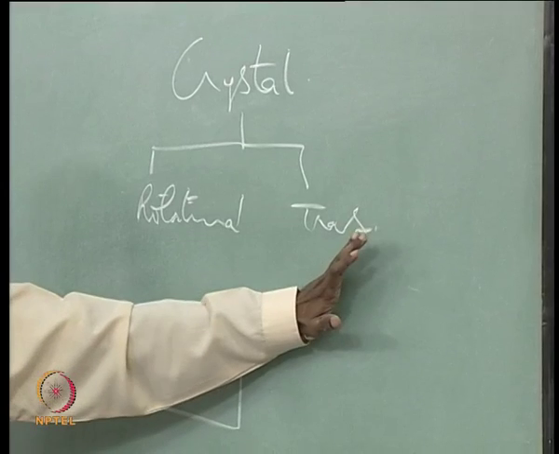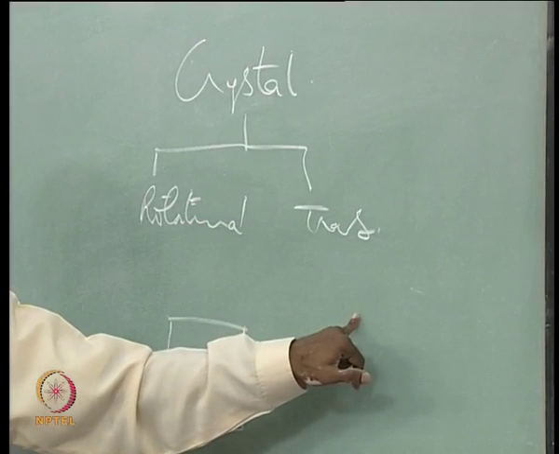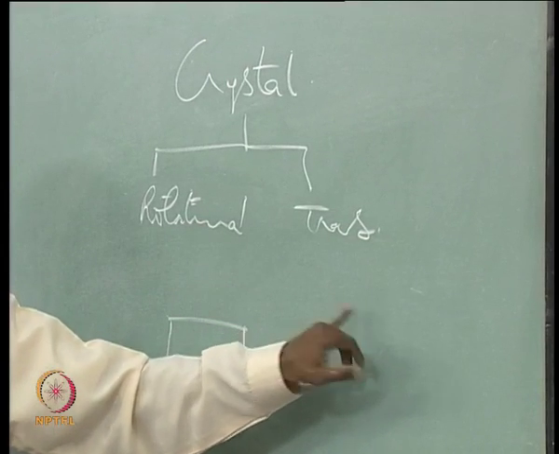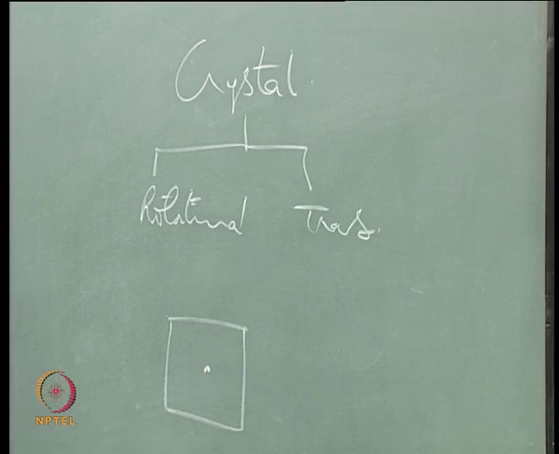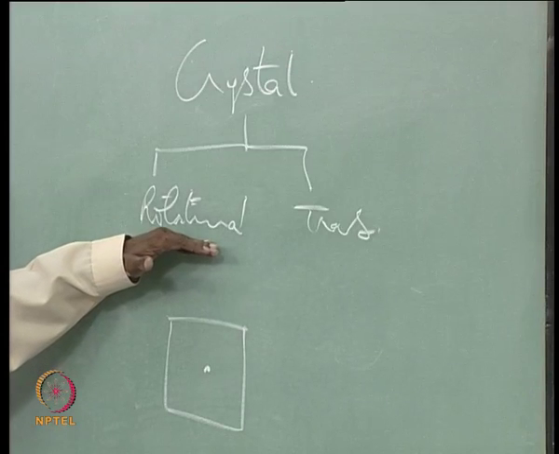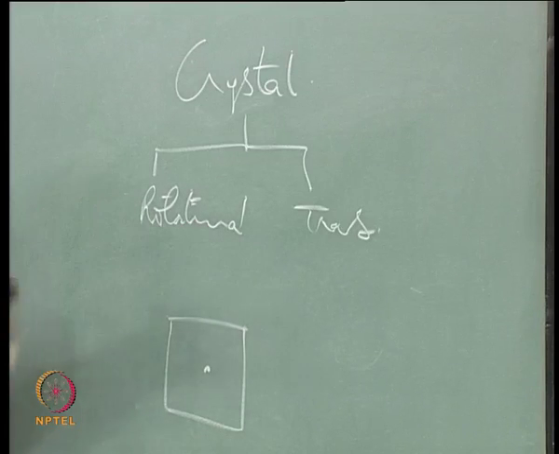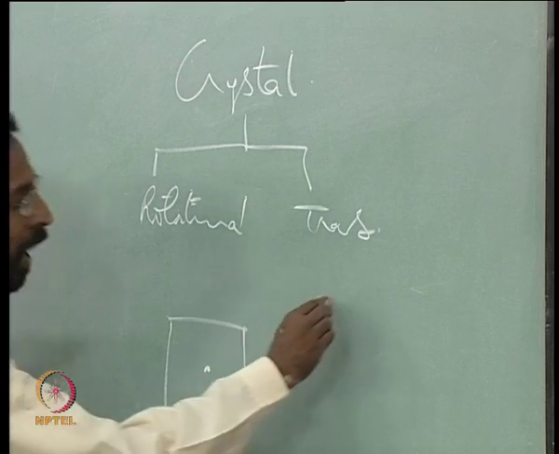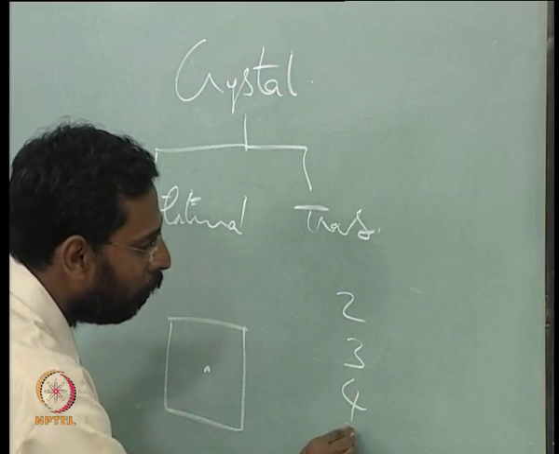A crystal has both; an amorphous has neither. So, amorphous only has a short range order, it does not have a long range order, but a quasicrystal has long range crystalline order in terms of its rotational symmetry, only it has special rotational symmetries. What are those special ones? For example, a normal crystal has 2-fold, 3-fold, 4-fold and 6-fold.